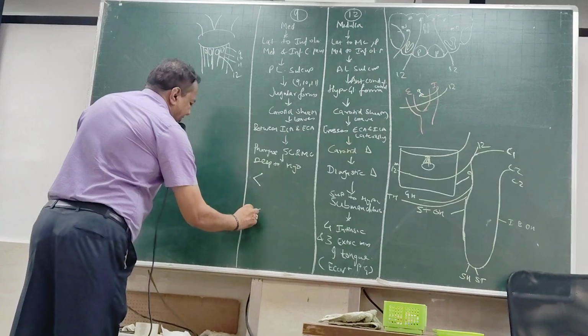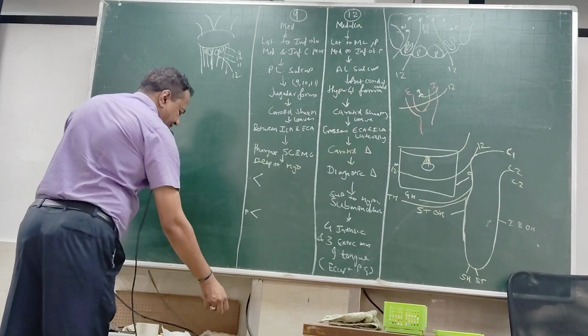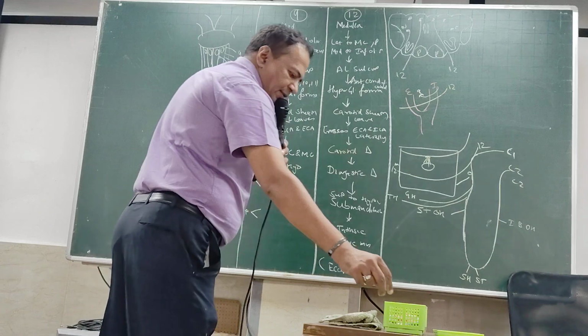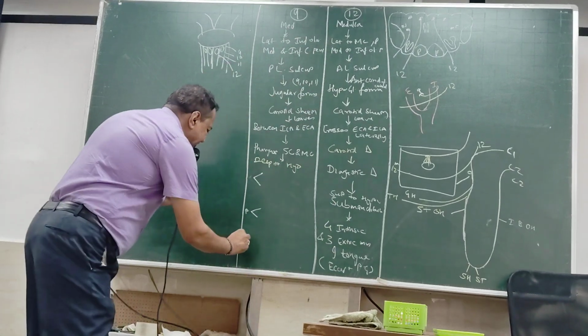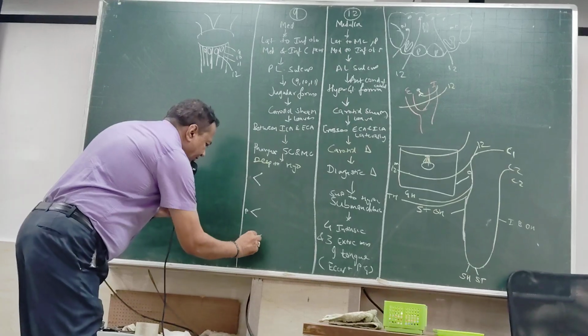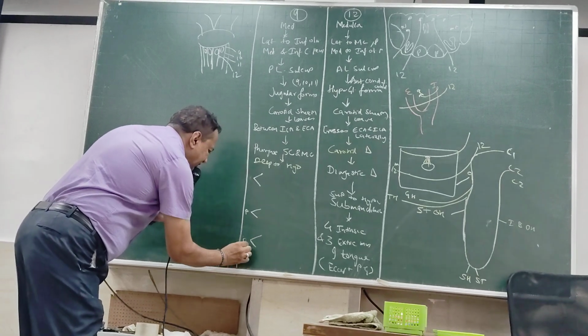Two branches are given in pharynx. Okay? And two branches are given in the oral cavity. Glossopharyngeal. So near the tongue.